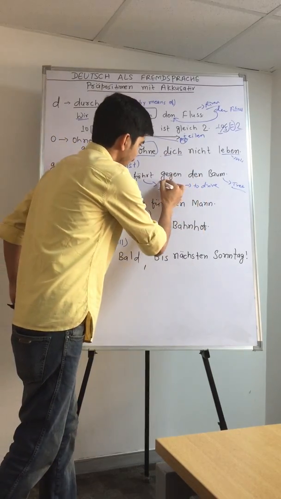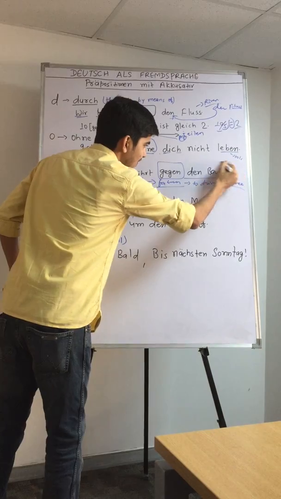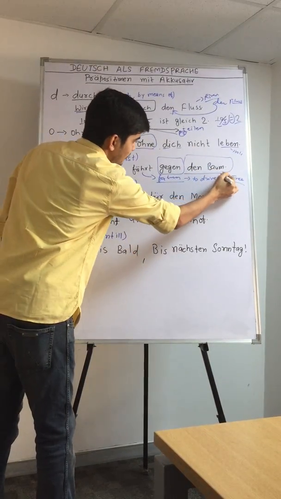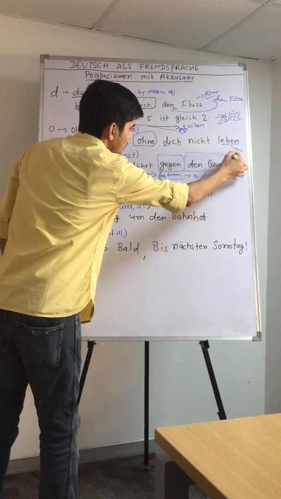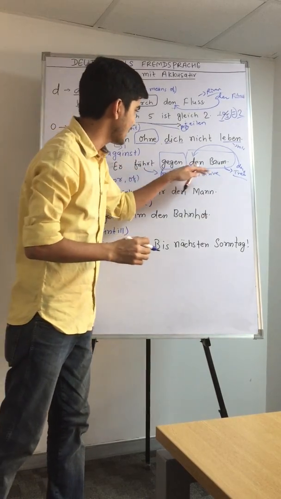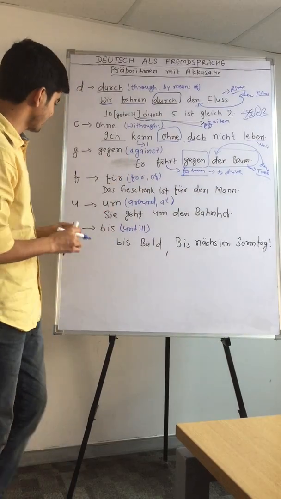This is an accusative preposition, so the object must be in accusative case. The article of Baum is der Baum, and in accusative case der changes to den. So er fährt gegen den Baum. He drives against the tree.